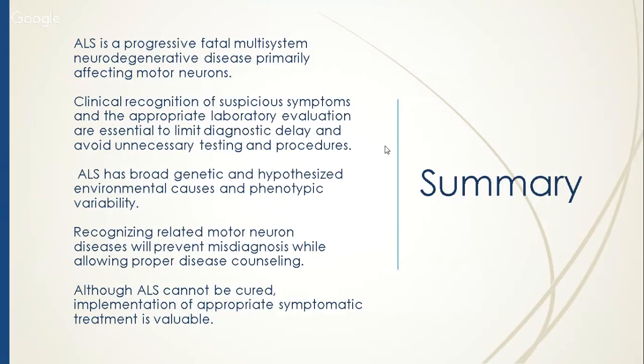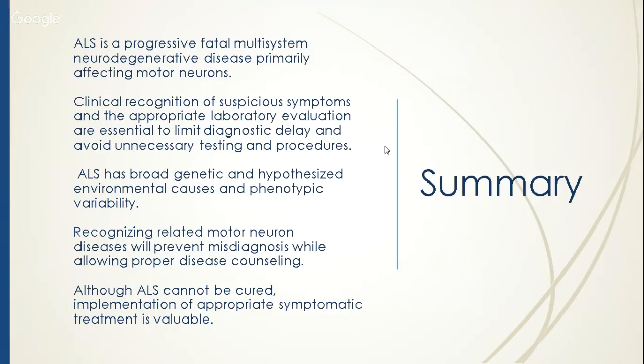So, in summary, ALS is a multi-system, mostly neurodegenerative disease involving the brain, the brainstem, and typically most of the nervous system, including the motor neurons, along with cognition. Identifying the early symptoms of ALS helps identify these patients and leads to a better quality of life.